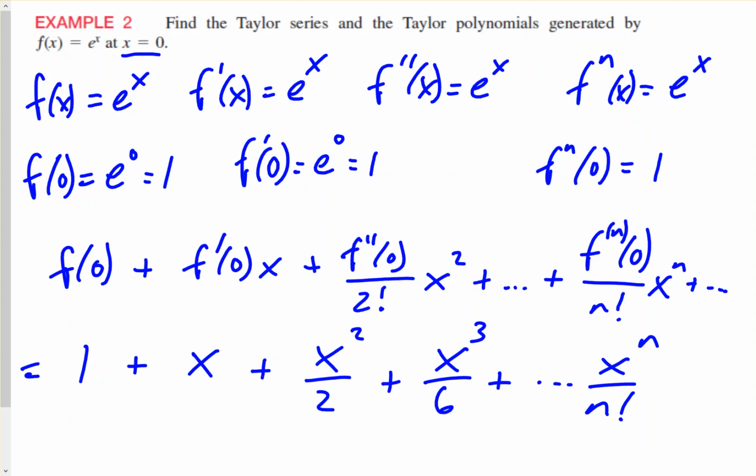Okay. So the Taylor polynomial of order n at x equals 0 would be this.